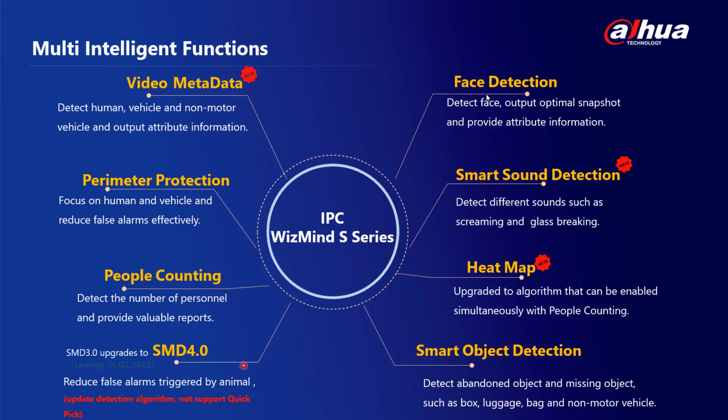We have another function, such as a face detection function. It detects the face, outputs optimal snapshots, and provides attribute information about that particular human being. Those attributes include, for example, the expression of that individual, maybe sad, happy, confused, calm, etc. Those are some of the attribute information that can be added after detecting different faces. We have the smart sound detection.